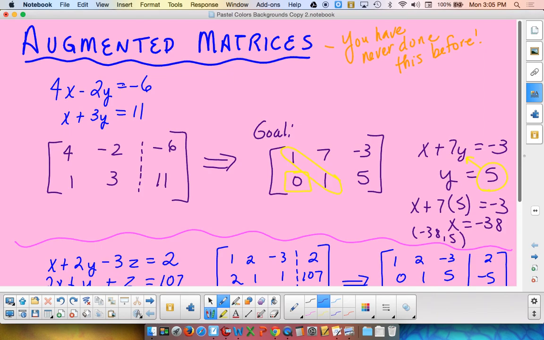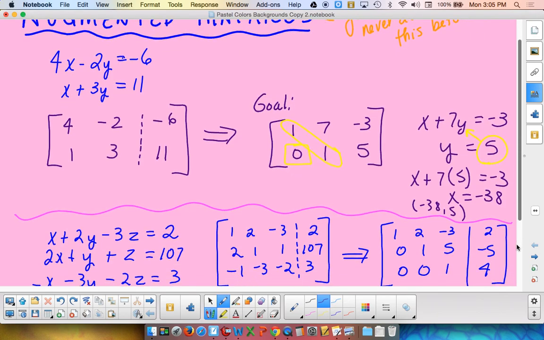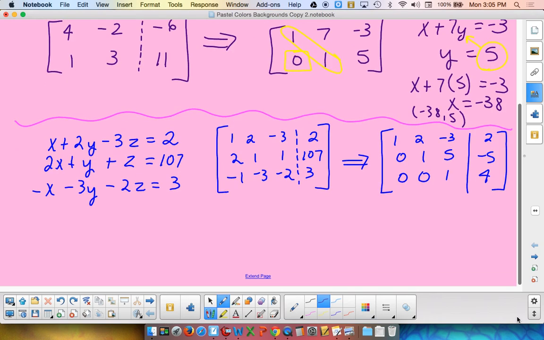Okay, now this is a little easier to see, though, when you're working with a matrix with 3 variables. So you'll see I have here the original system of equations. I turned it into an augmented matrix, meaning I joined the 2 matrices together, and so considerably more numbers.